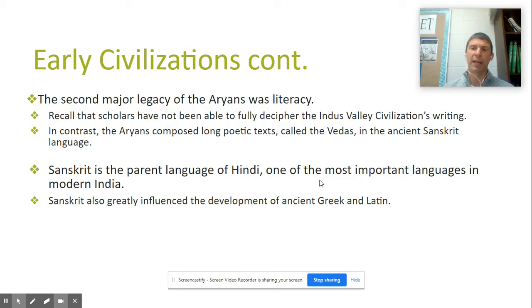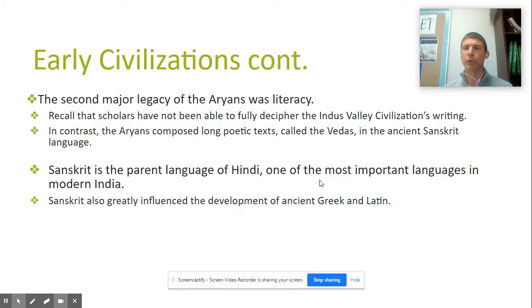Their language was Sanskrit, and Sanskrit is a parent language of modern day Hindi, which is one of the major languages today in India. And then it would go on also to influence Greek and Latin, because it's an older language than that. So Sanskrit is kind of an archaic language. I don't think it's still spoken in the world, but it's one of those things that scholars would learn so that they can read things written long ago.